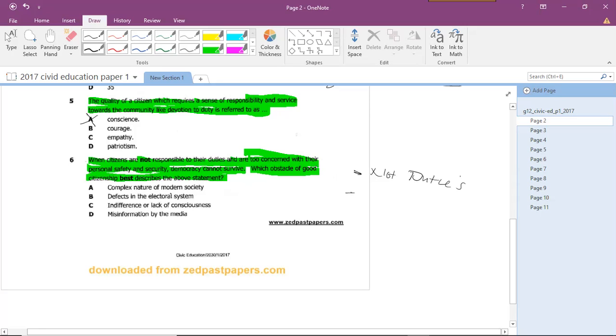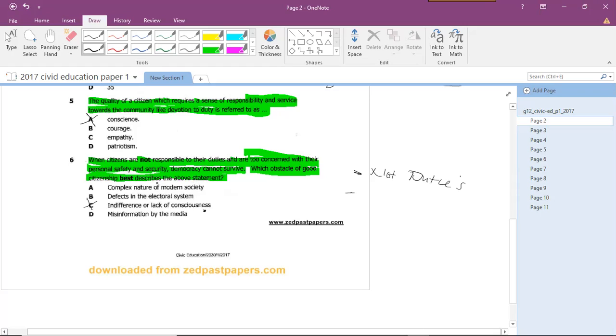So complex nature of modern society, the answer is C, indifference and lack of consciousness, because here consciousness has been described as having that sense of duty, which is lacking. And this part which says personal security and just worrying about your own self, that's indifference. So we've tackled the two parts of the question.